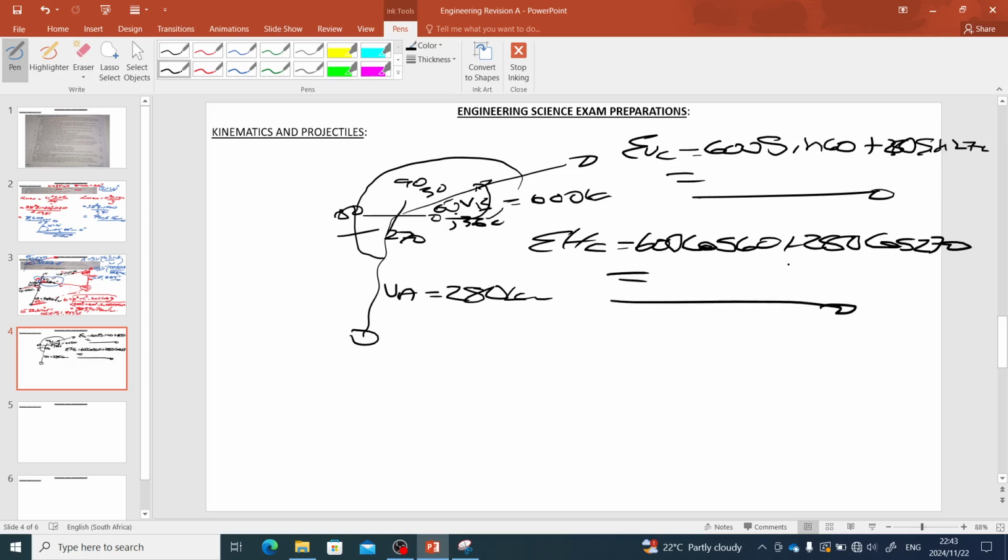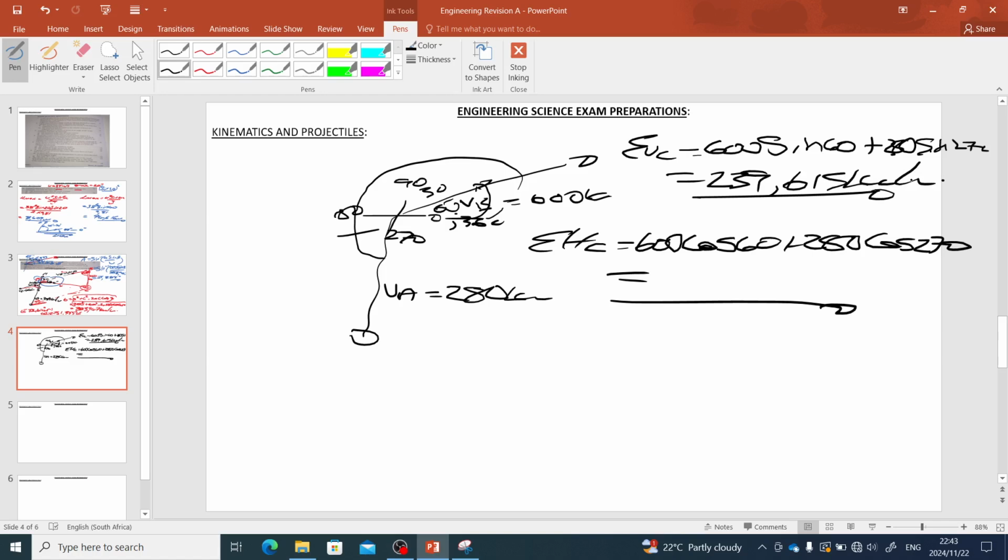Right. Now for the vertical component, we have 600 sine 60 plus 280 sine 270. You put it as it is, good people, to make your life easy. Just write everything as it is. It is 239,615 kilometers per hour.